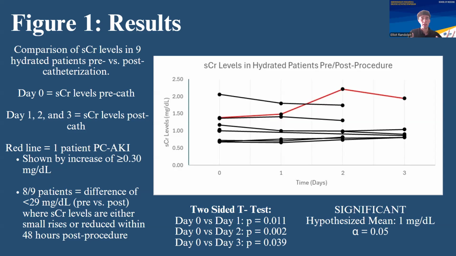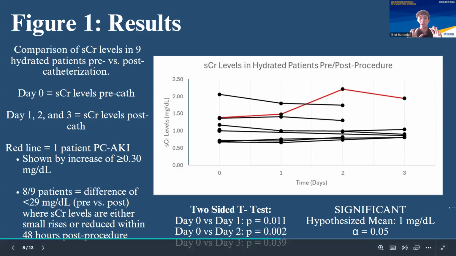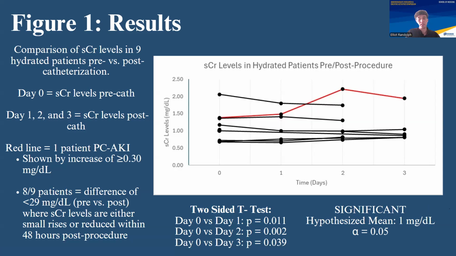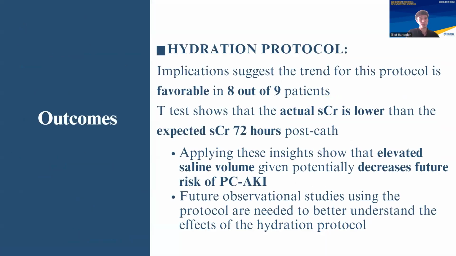And so in order to assess the significance of this graph, we performed a two-sample t-test, where we saw that all of our p-values were below the alpha value of 0.05, as indicated below, meaning that the graph is significant and that our results came out as expected.